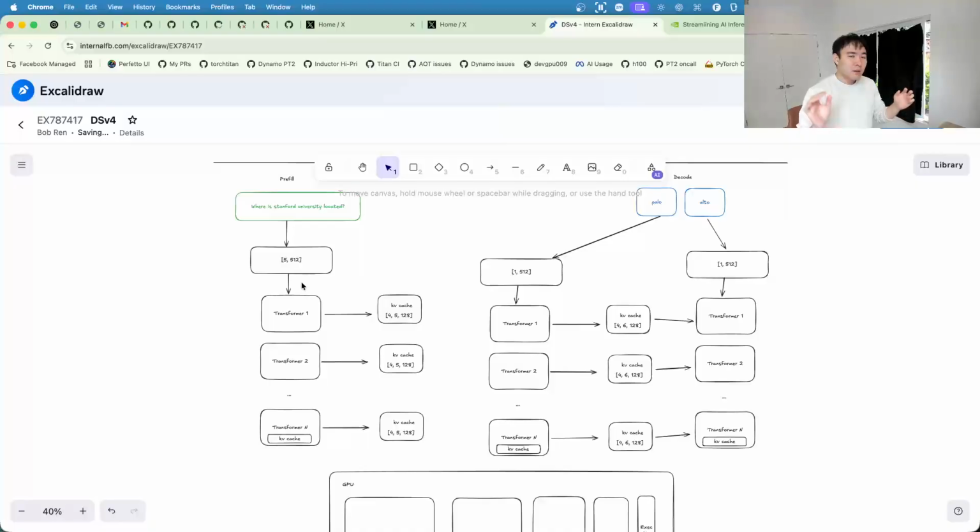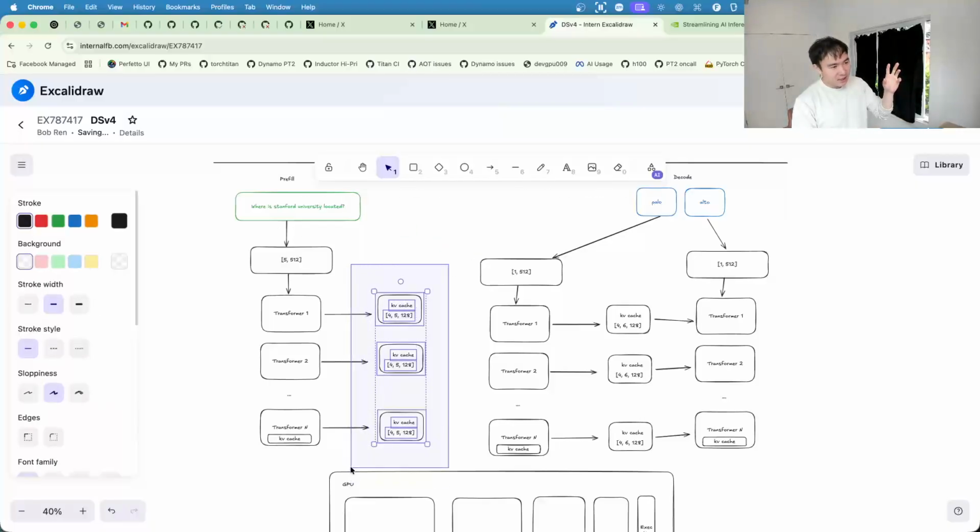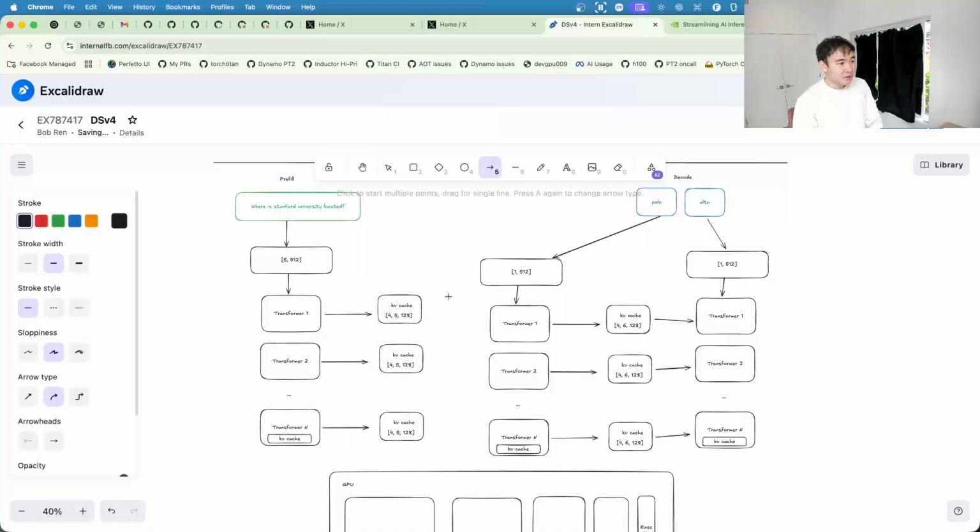So one thing to take away is that oftentimes prefill is what is called compute bound, meaning when we're doing this, we're really saturating all of the compute in our GPUs. Okay, and so after prefill, we have the KV cache. And this KV cache flows into decode.